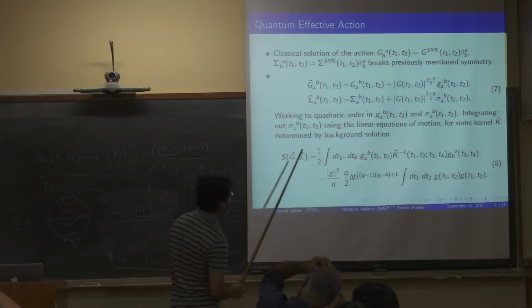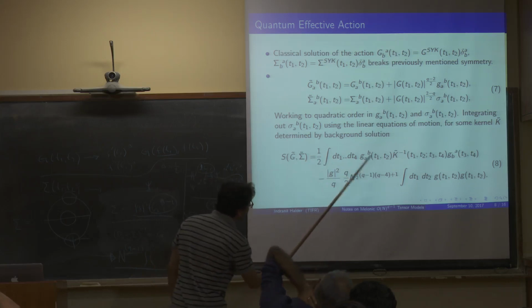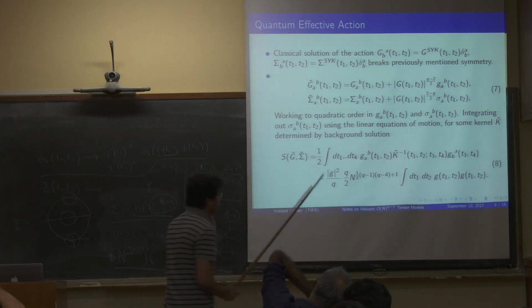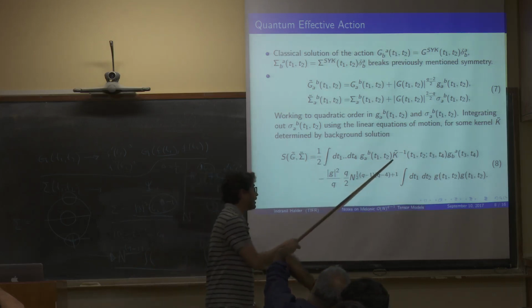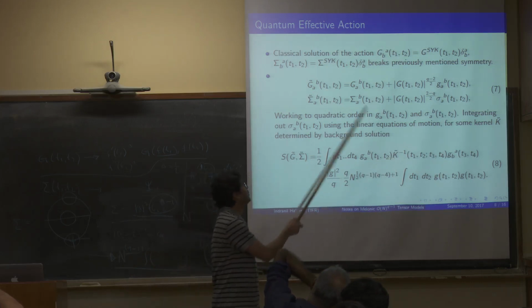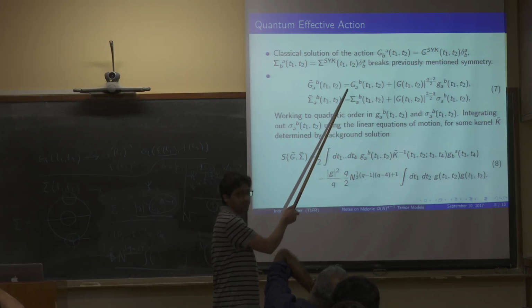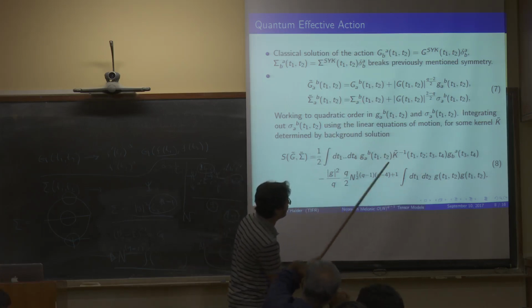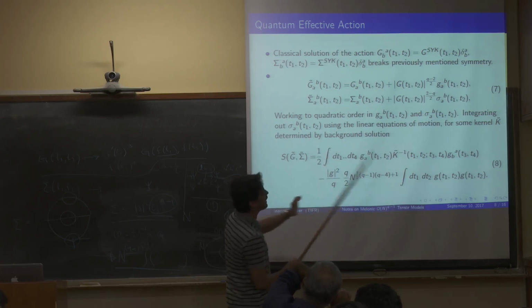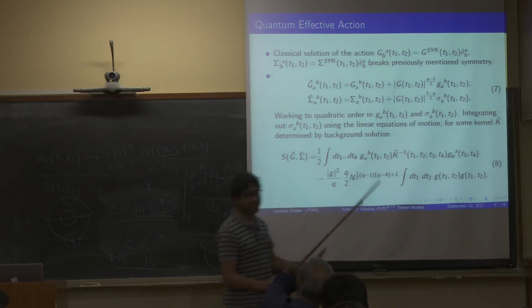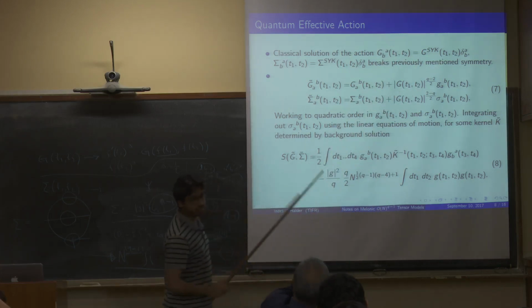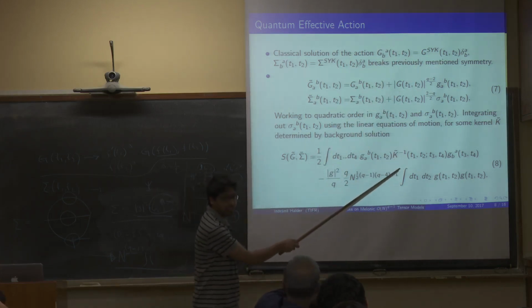So once you have done this, you end up with some action of this form. The action has this structure: g, K inverse, g, and gg. This is some kernel. That kernel is completely determined once you know the background solution. But the kernel carries color indices? No. This is just a function here, because I am assuming the background solution is diagonal. Oh, I see. This is the reason it does not carry anything.